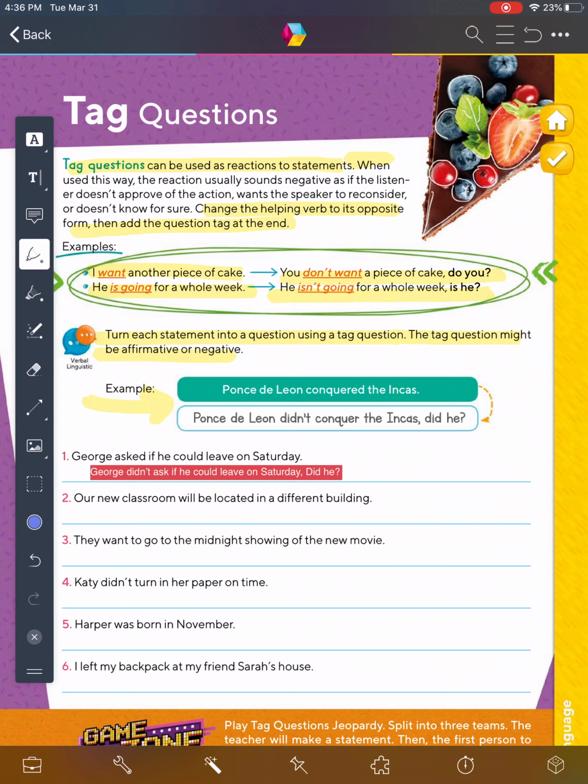So in this case, instead of writing only asked, I write didn't ask. Remember that ed indicates past tense, so that's why I use didn't as a negative form, okay? And the tag question must use the helping verb, in this case didn't, and the same subject, in this case George, for which we use the pronoun he.